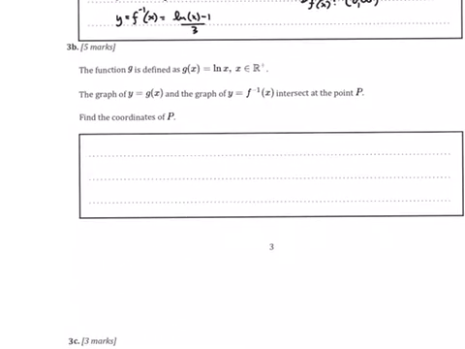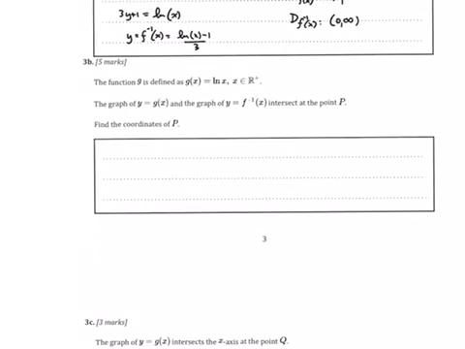5 marks here. So it looks like I did not leave a whole lot of space for it, but we'll continue. G is defined as ln of x, where x is all positive real numbers. The graph of G and the graph of f inverse intersect at a point. Find the coordinates. So f inverse from part A was ln of x minus 1 over 3.